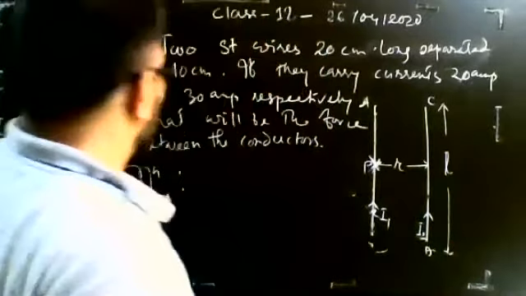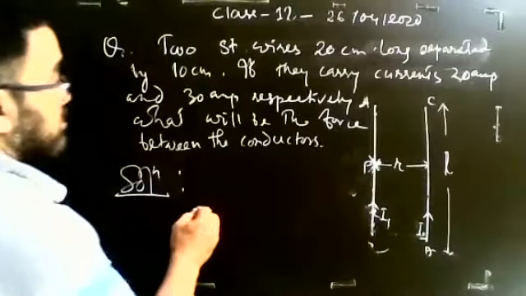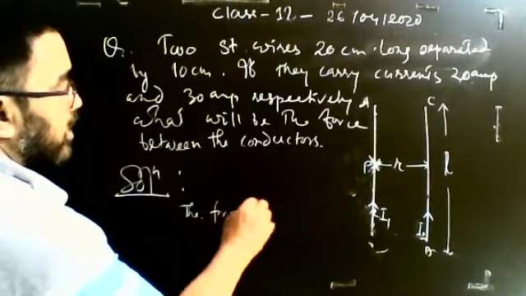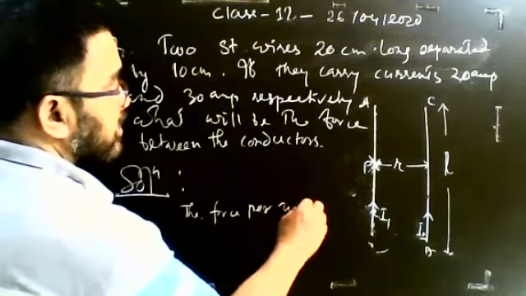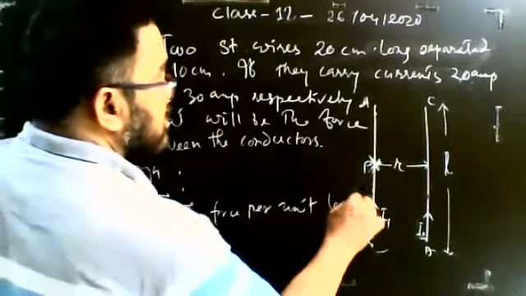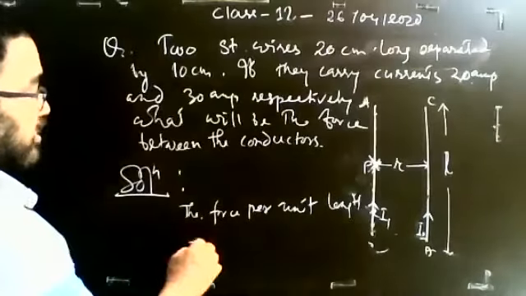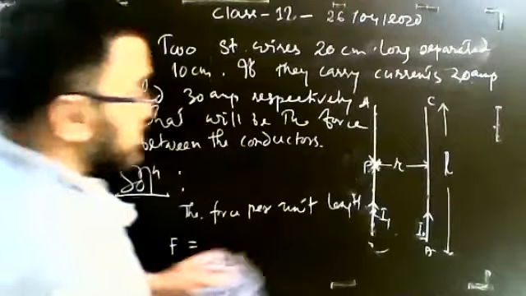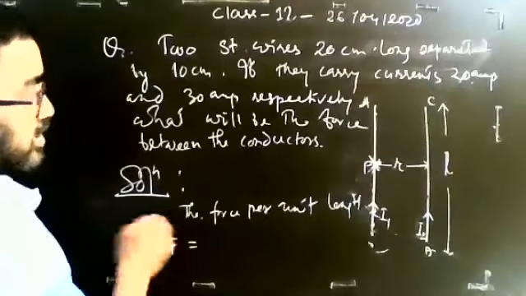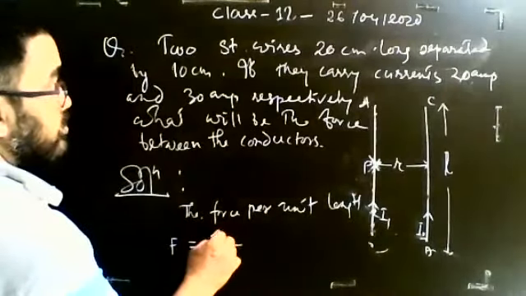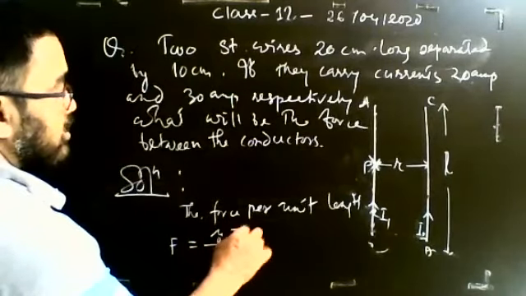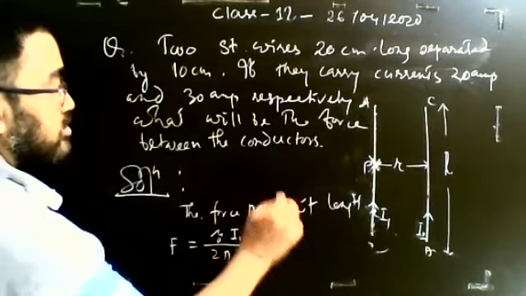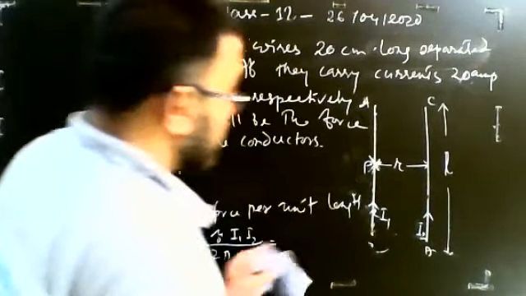So what formula will we use? We will use the formula: the force per unit length, F by L, is given by mu naught I1 I2 by twice pi R. So we have to put in all the values.